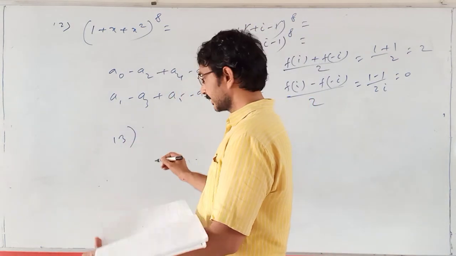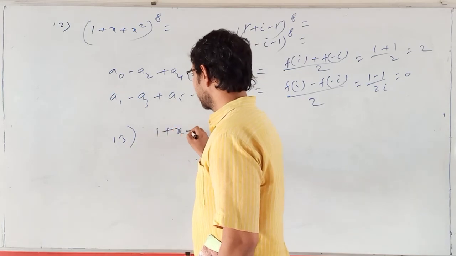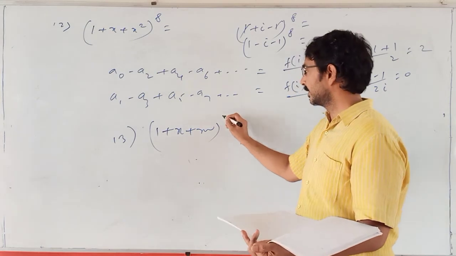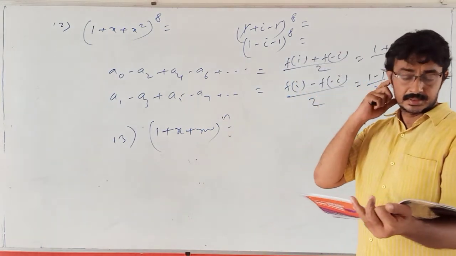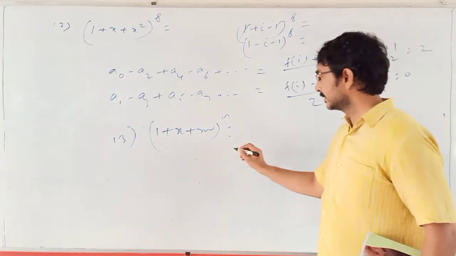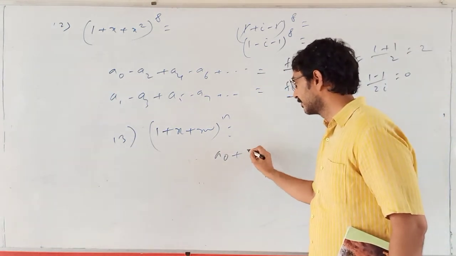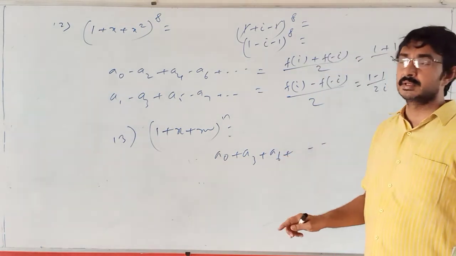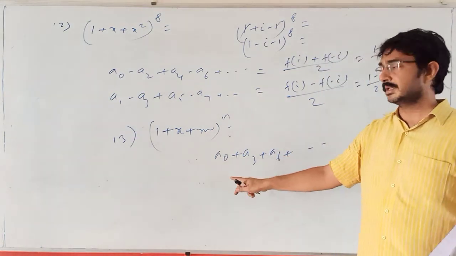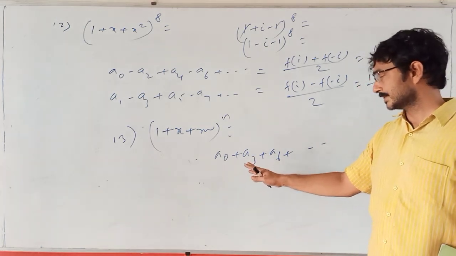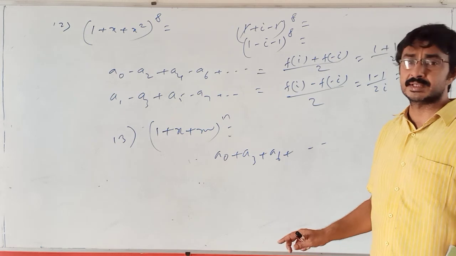13th one. If (1 plus x square) whole power n equal to sigma r equal to 0 to 2n ar x power r, then the value of a0 plus a3 plus a6 and so on. So clearly start from a0 and difference of consecutive suffix values is 3.